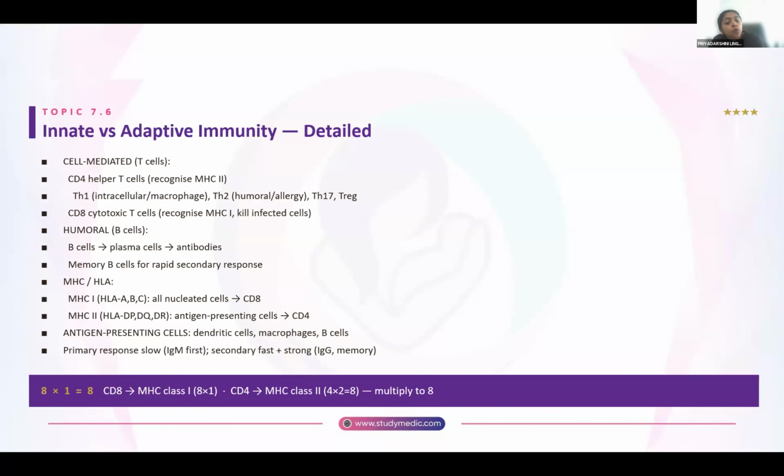One is for your CD8 cells, they are on your nucleated cells, and 2 is for your antigen presenting cells, which are for your CD4 cells. Now, coming to your antigen presenting cells, what are the examples here? You have your dendritic cells, your macrophages, and also your B cells. Your primary response is generally slow and it is from your IgM, and your secondary response is fast and strong, and this is your memory from your IgG. This is the difference between IgG and IgM.